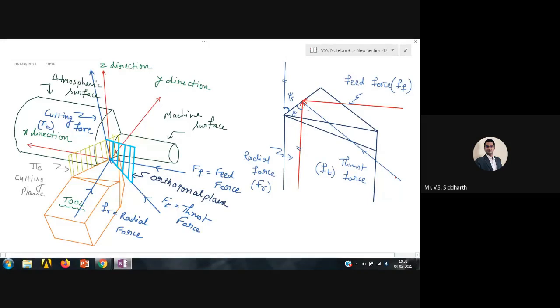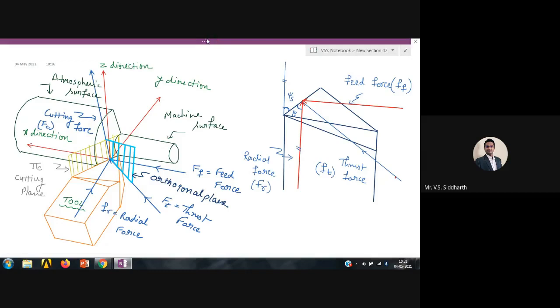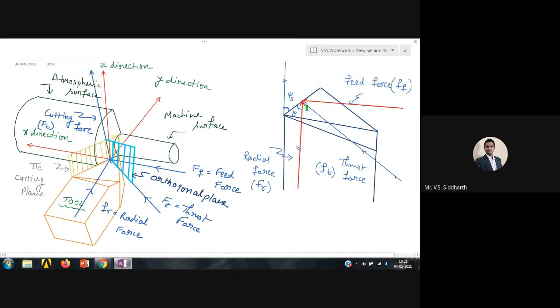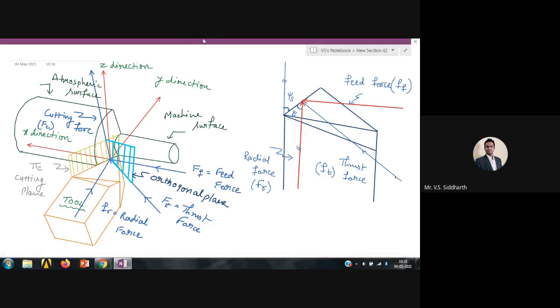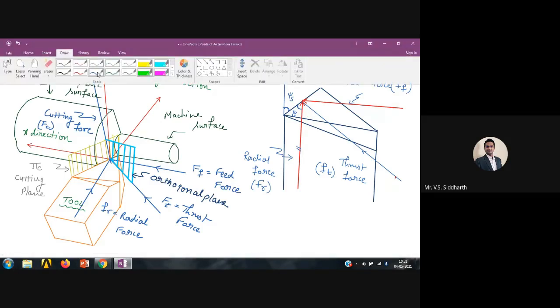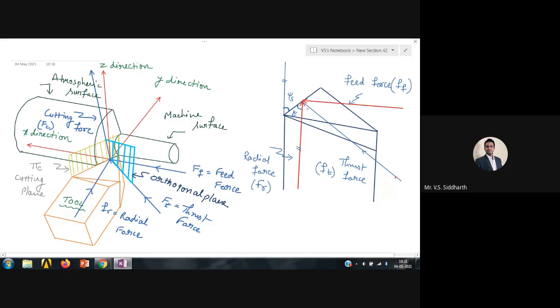This is also psi s. This overall angle is 90 degrees. Then what will be this angle? 90 minus psi s. Good.